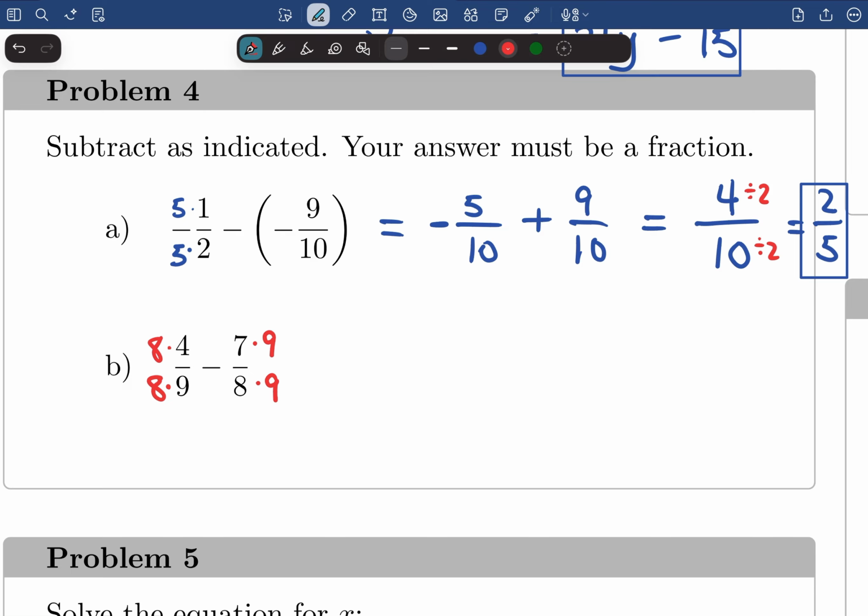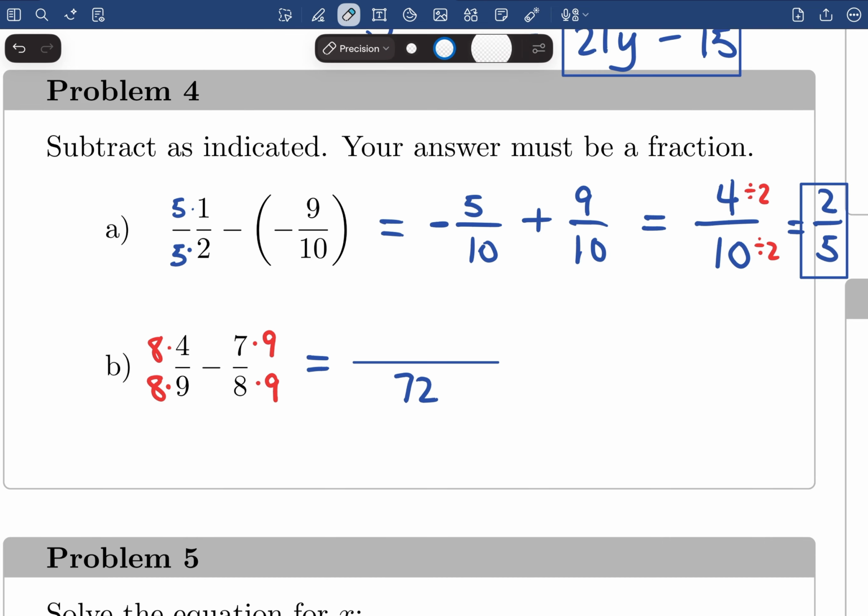All right, so that's one thing you can always do to get a common denominator. So let's see what results. 8 times 9, 72. Now 8 times 4 is 32.